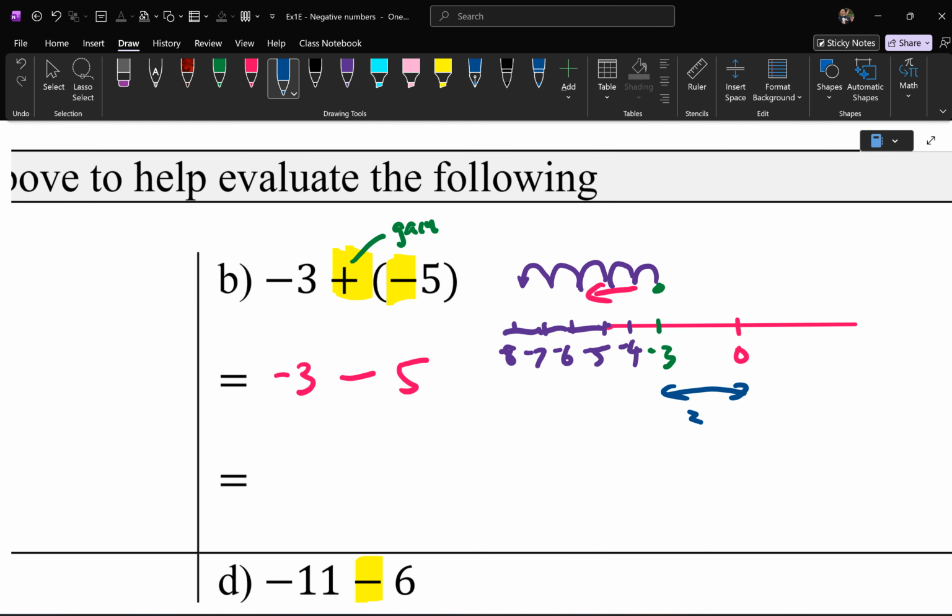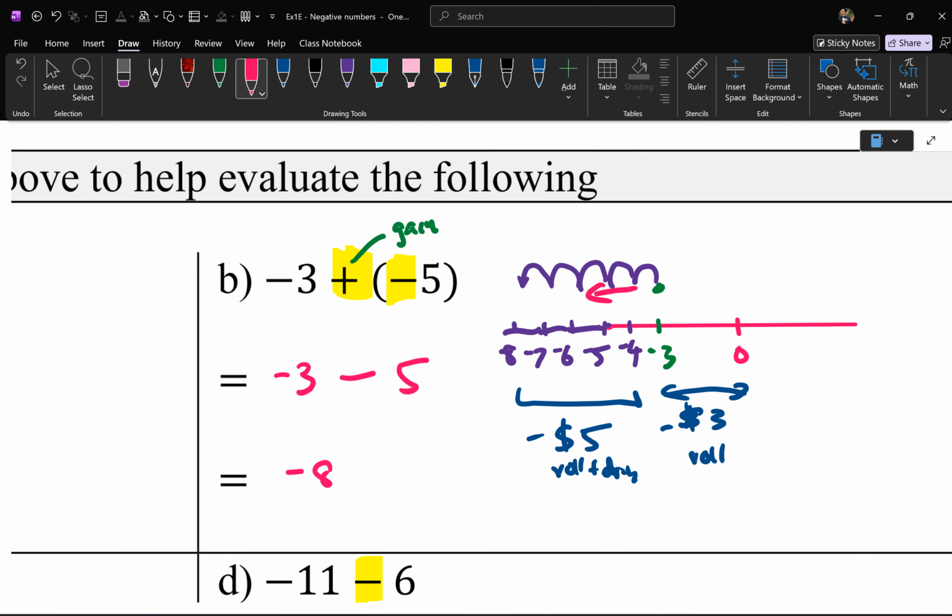You lost $3. Sorry, the other way. $3 for buying a roll on a Monday. And then you lose another 5, buying a roll plus a drink. So overall, you've lost $3 and $5, or you spent $3 and $5. So therefore, you spent $8 so far.